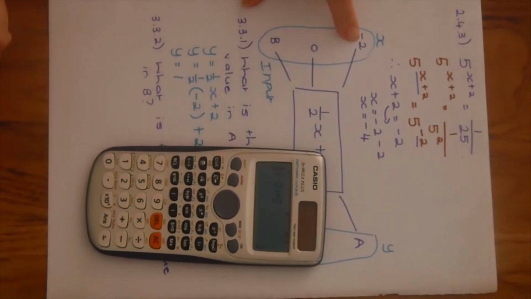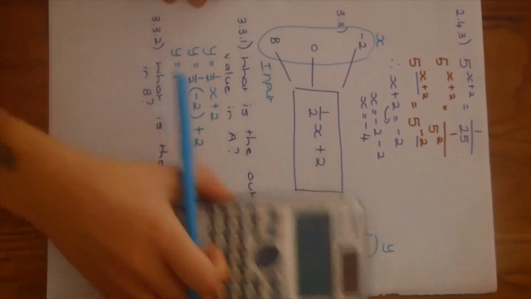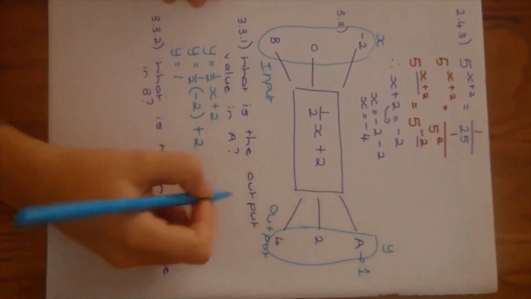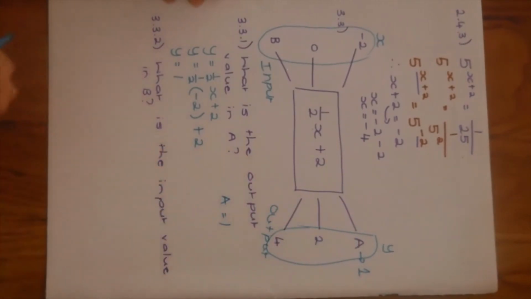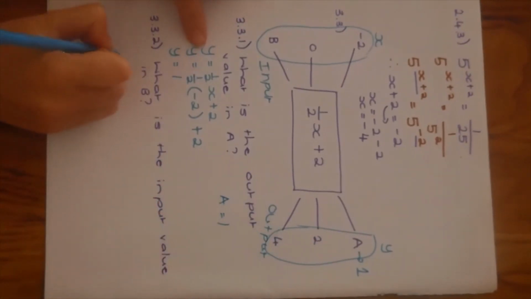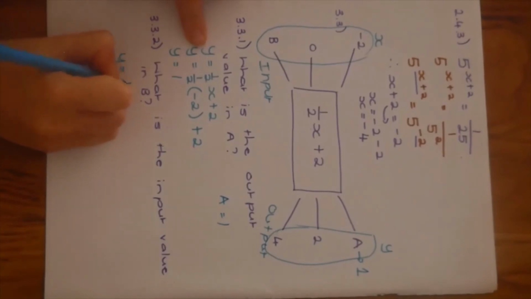So y equals 1. So this a value over here is just 1. A equals 1. Okay, and then remember when they're asking you for the input value, you are doing the reverse situation, because now they've given you the y value. So remember, your formula looks like this.